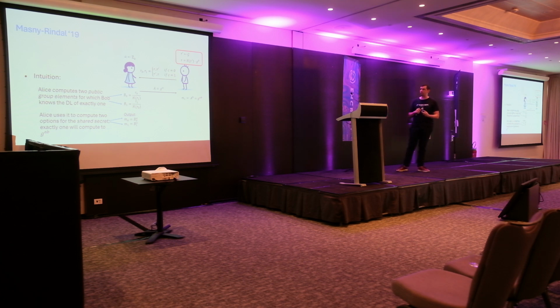Okay, so the protocol begins with Bob, and he starts by generating 2 group elements. The first element, R prime, should be a random group element, and the other point, R, is computed as a hash over R prime times G to the B. You can think of it like Bob is trying to mask his G to the B using the hash value.